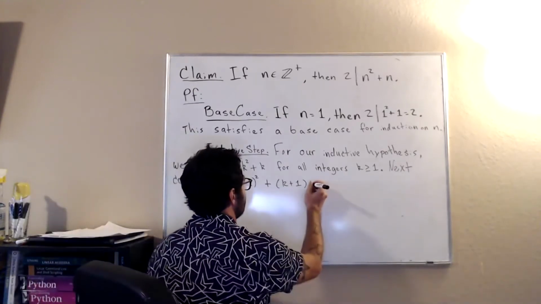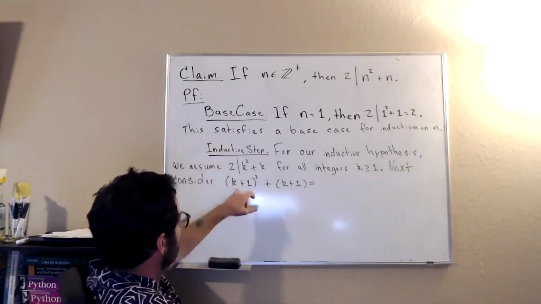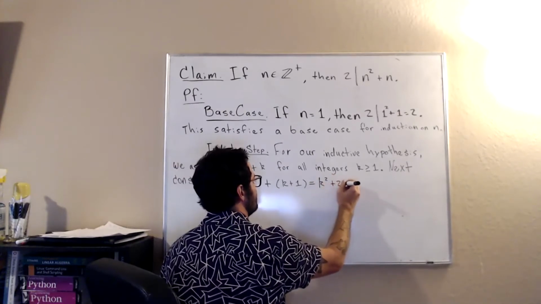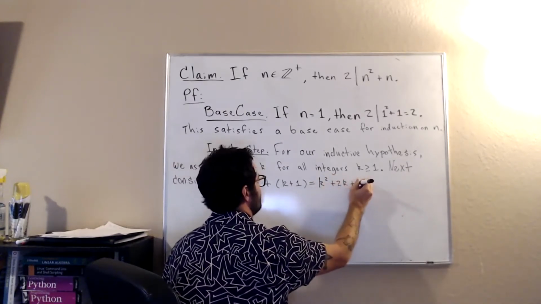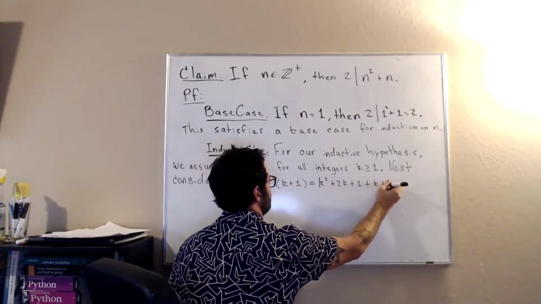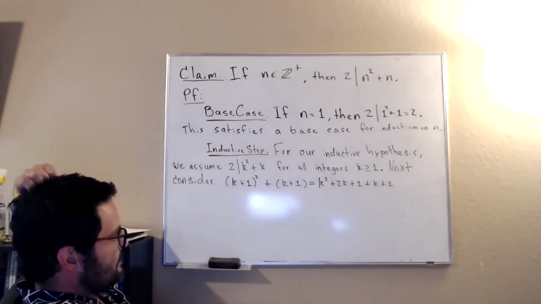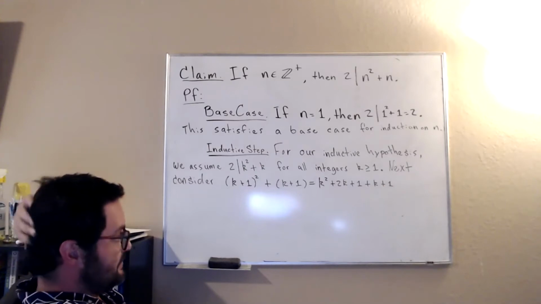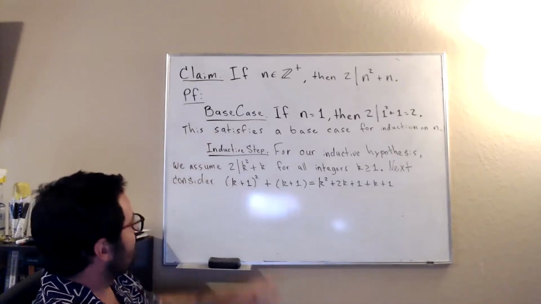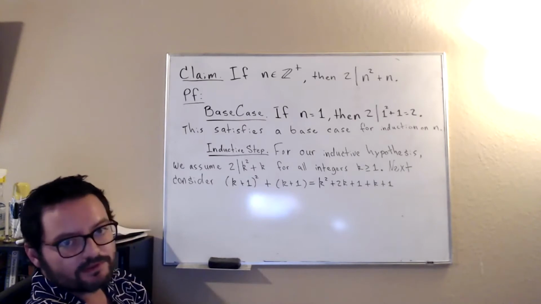So let's just look at what this is equal to. So this will be k squared plus 2k plus 1 plus k plus 1. Now you might not see it, but this is going to be divisible by 2 by our inductive hypothesis and the definition of being even.